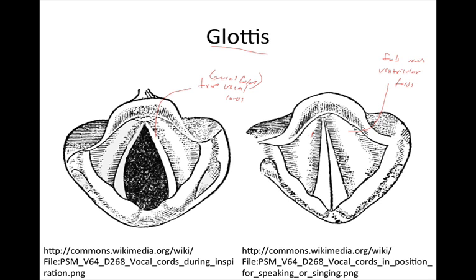There are some pieces of cartilage called the arytenoid cartilages, and there are muscles that contract and pull on those cartilages and pull your vocal cords shut. If we yank these cords shut, as you can see, there essentially isn't going to be any airflow into or out of the larynx itself.